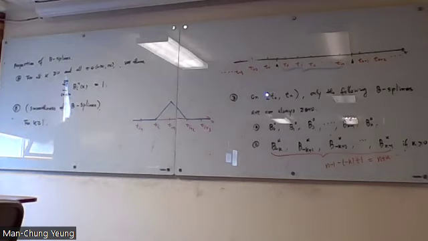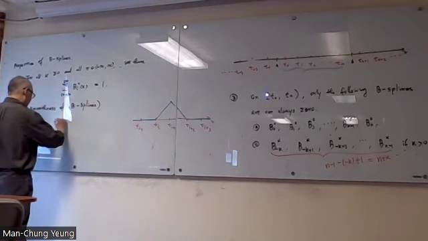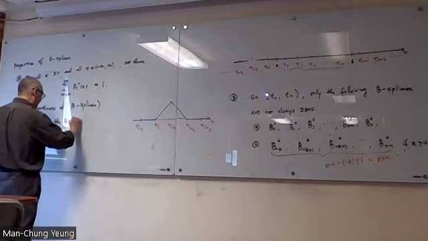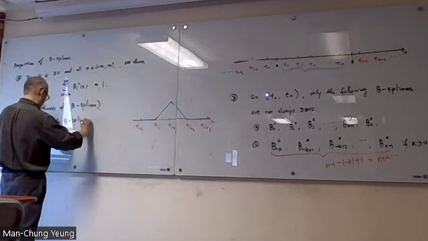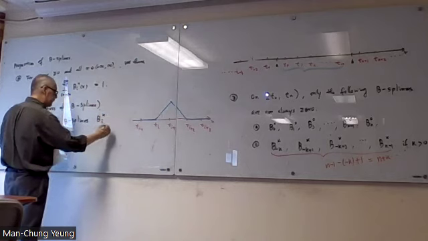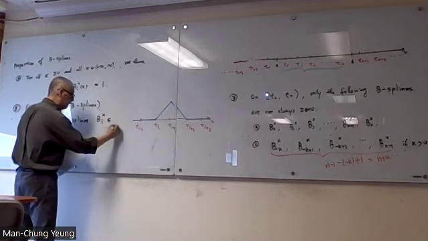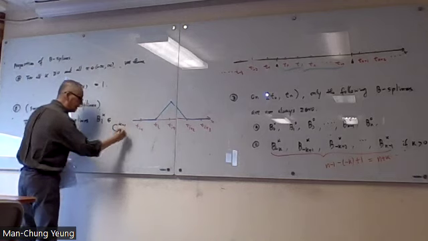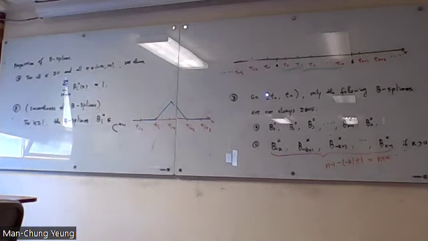But when k is greater than 0, the basic spline function B_{i,k} is in the space C^{k-1}. That means that for a basic spline function, you can take the derivative k minus 1 times, and the resulting derivatives are still continuous.